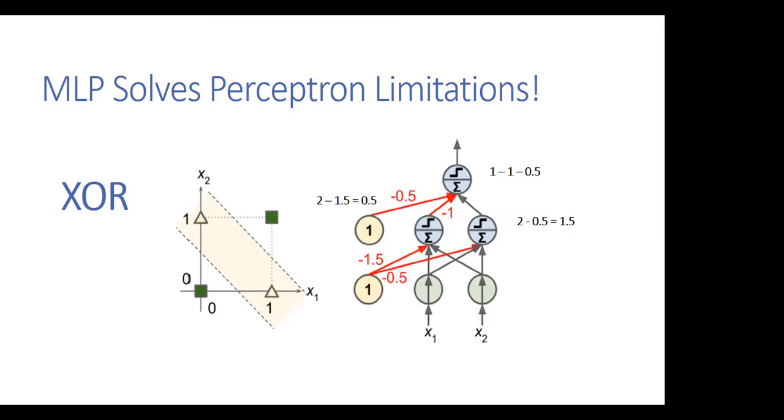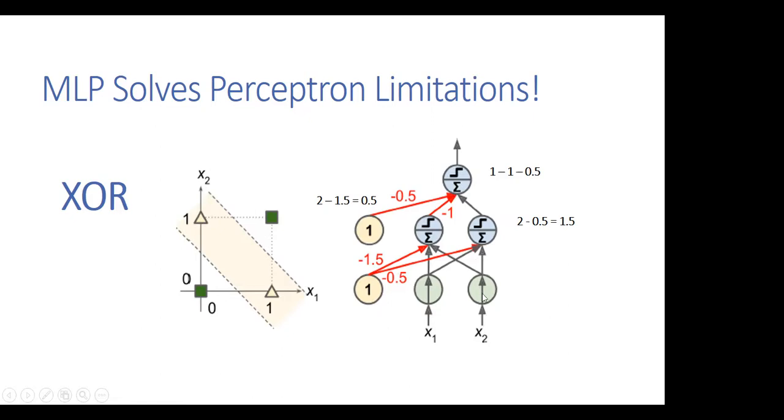One of these limitations is that the perceptron cannot compute a model such as XOR, which is more complicated, but we can do that with a multi-layer perceptron. For example, here is an XOR model, and if we have two 1s as input, we can go through the model and see what happens.